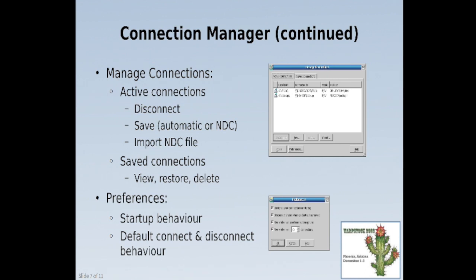You can also create a new connection, either by opening the connection dialog, that's what the new button does, or you can import a NetDrive NDC file, which is what the import button does. And the second tab, which I'll show you in a moment, shows your saved connections, and from there you can restore them individually or delete them.